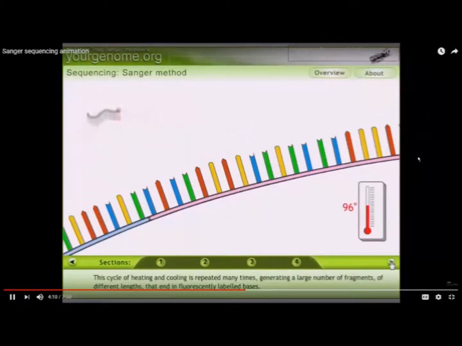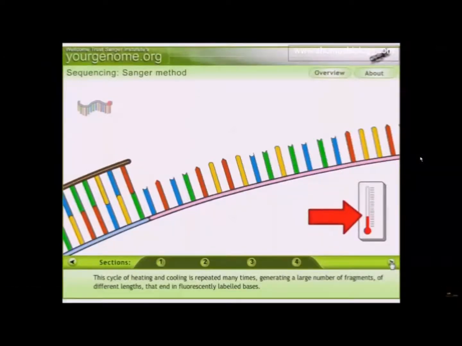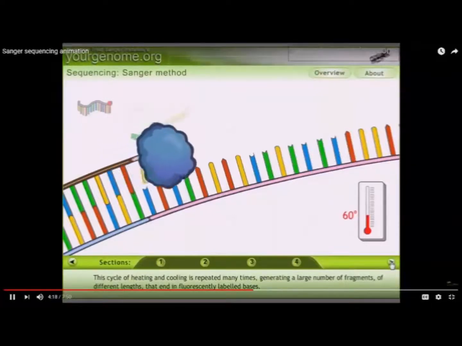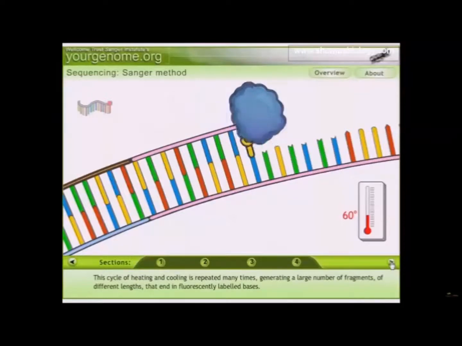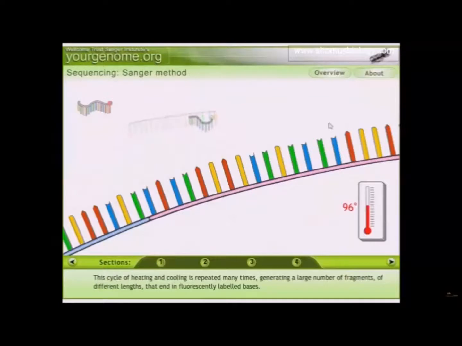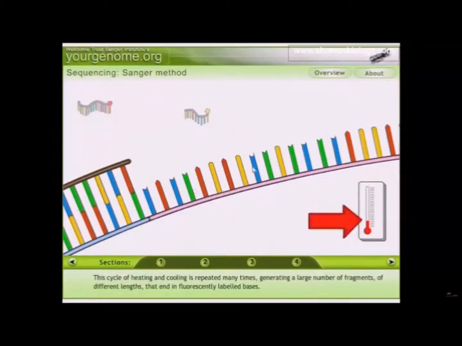The cycle of heating and cooling is repeated many times, generating a large number of fragments of different lengths that end in fluorescently labeled bases. For example, here it ends at this point. In the previous case, it was extended to this point. In this case also, it will be extended to some other point.